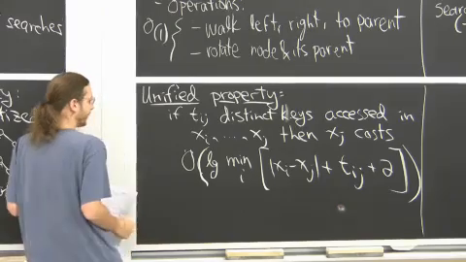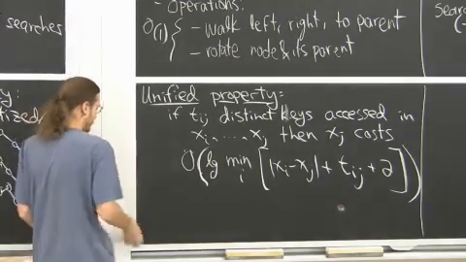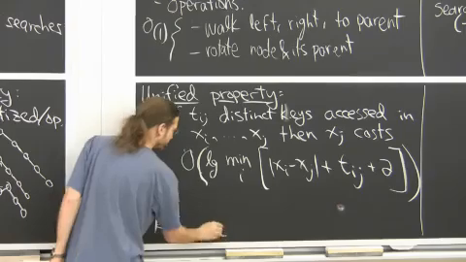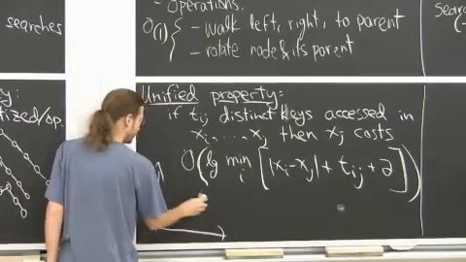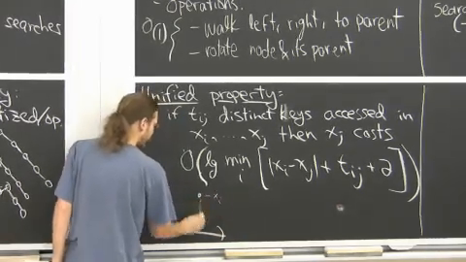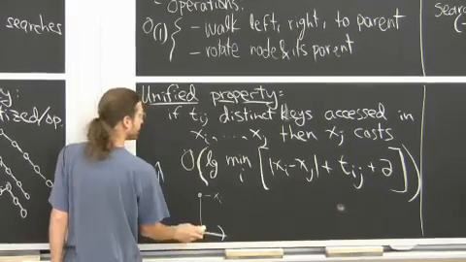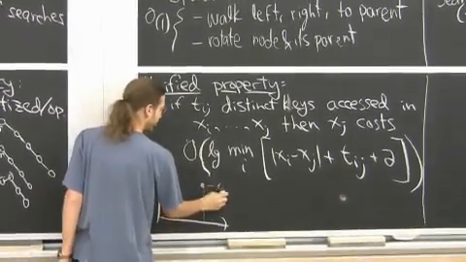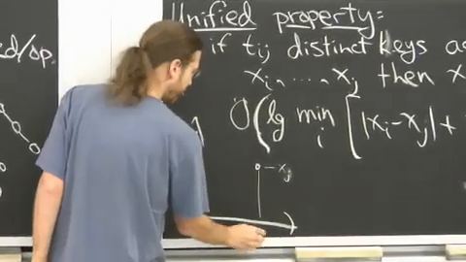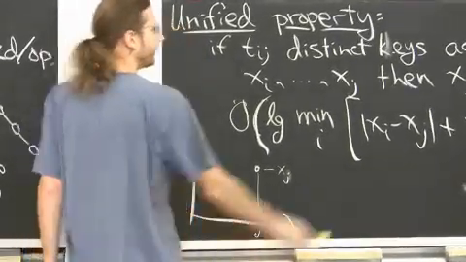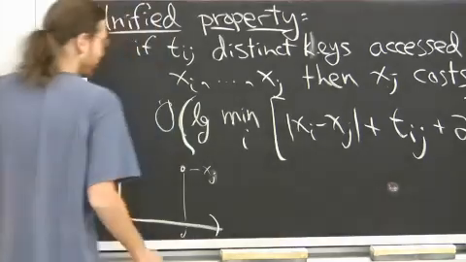So here's the unified bound. Let's draw a picture. So here we're accessing x_i at time i, j, change of notation, time j. We want to evaluate the cost of x_j.